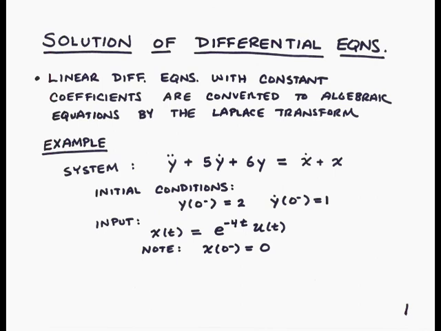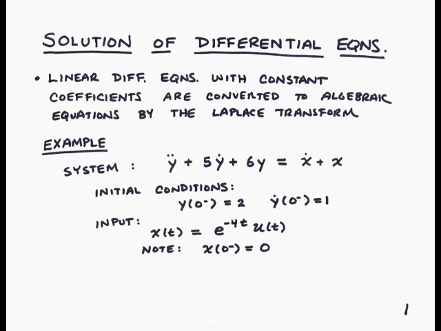So to start off our presentation, we're going to discuss an example. Our example is the system y double dot plus 5y dot plus 6y equals x dot plus x. The input is x and the output is y, and the initial conditions are y at time 0 minus is 2, y dot at time 0 minus is 1.